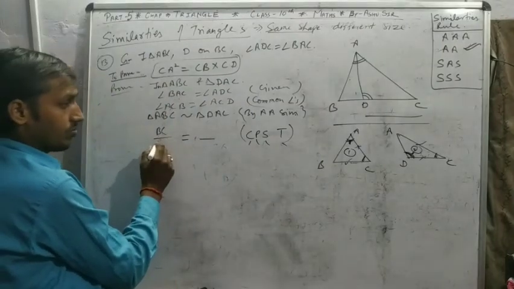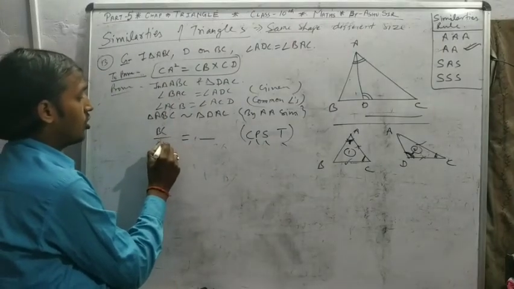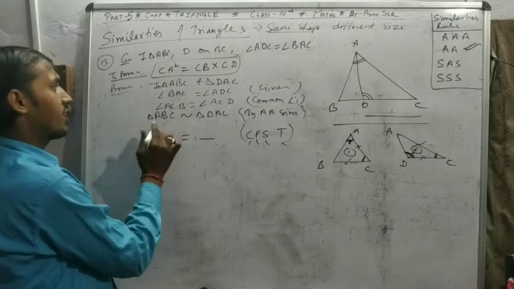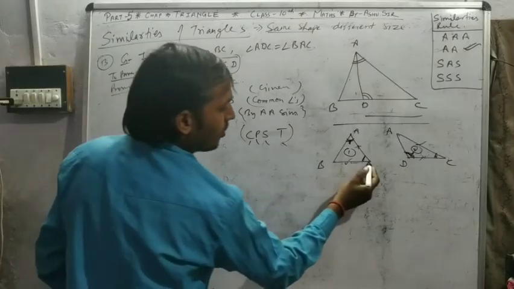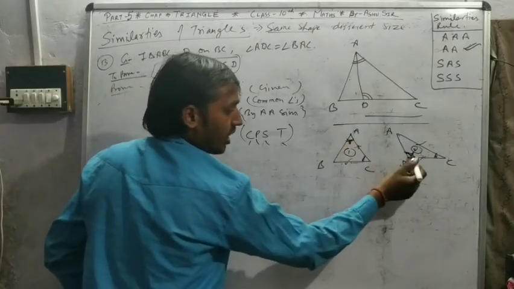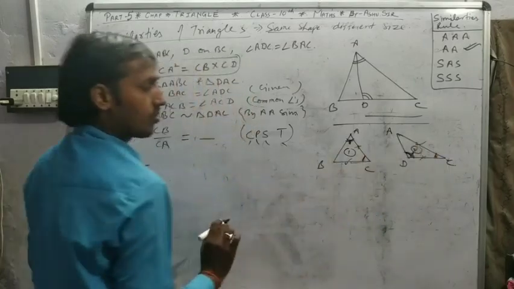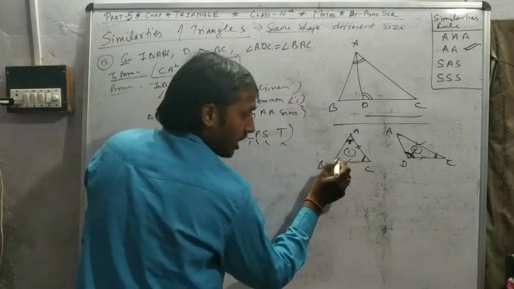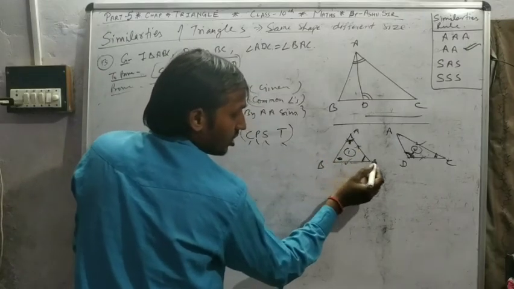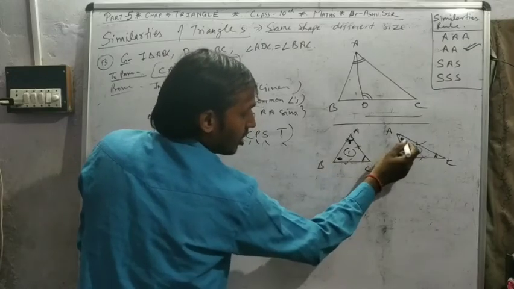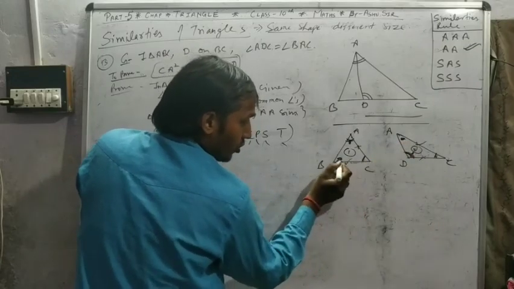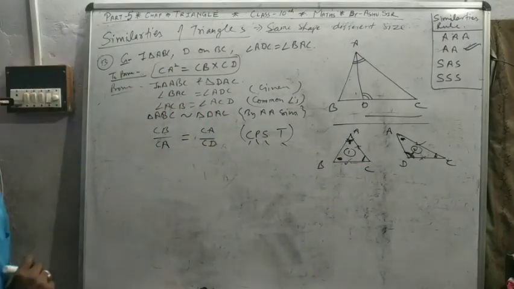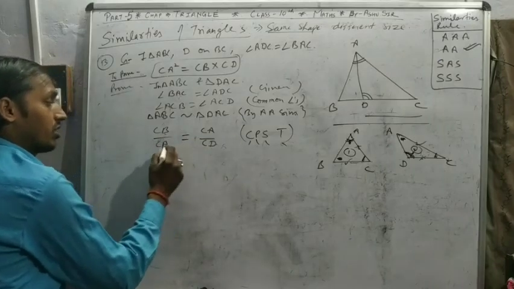So BC upon AC or CA, that's your wish. Because you want CA, we can write CA. You can also write CB, no problem. CB is opposite angle A, and angle A is equal to angle D, and D is opposite AC. Same, we want CA from the first triangle, CA is opposite this angle, and these 2 are equal, so from the remaining angle A, these 2 angles are equal, so opposite this is AC, opposite this is CD. That is the corresponding part of similar triangles.